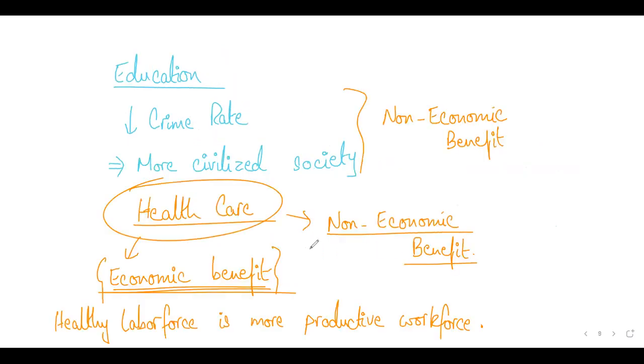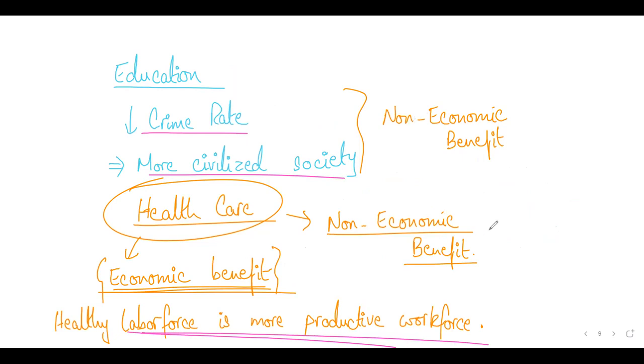So that's first thing. Apart from that, education is also beneficial for the country because the crime rate would be low, people will be more civilized, and so on, right? Similarly, for the healthcare, you said that a healthy workforce is more productive, which means that they can produce more output, and so on, right?